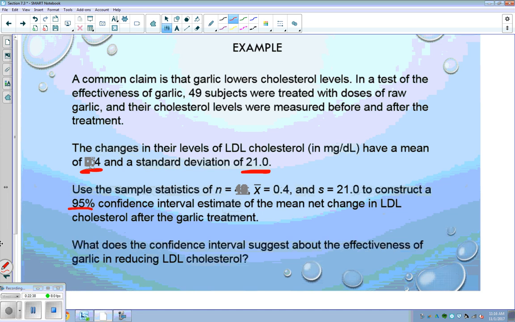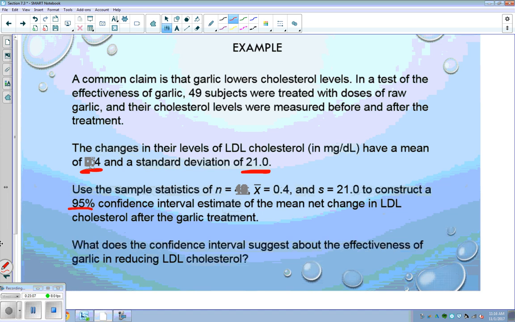Then, what does the confidence level suggest about the effectiveness of garlic reducing LDL cholesterol? On that test, you're going to be thinking, is this a proportion or a mean? It's a mean. It's not saying proportion or percent. That was the last section.